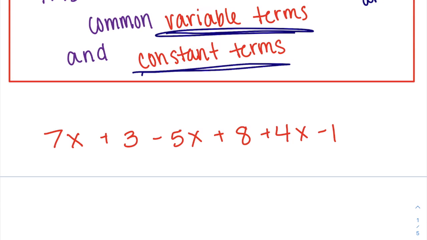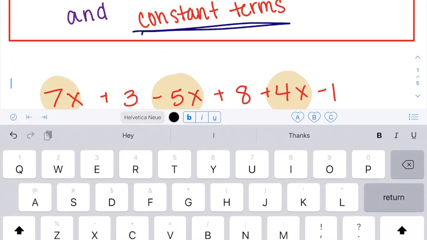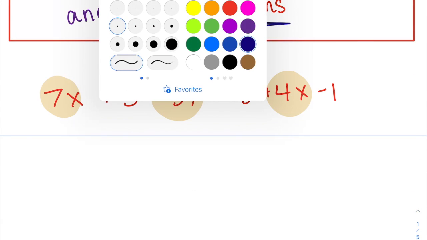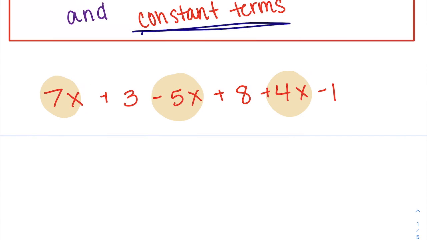We already noted that 7x, this -5x, and this 4x are all variable terms. We're going to focus on the coefficients in front of those variable terms. 7, -5, and 4. And notice how I'm keeping the negative sign with the 5. I'm keeping track of whether it's something that's being added or subtracted.